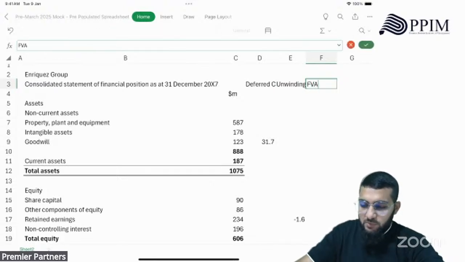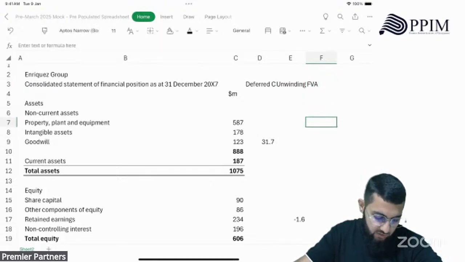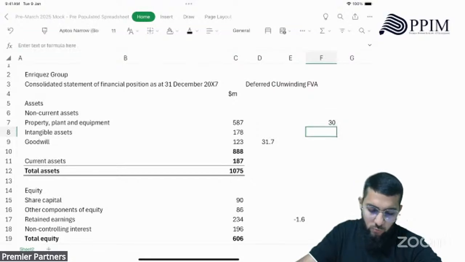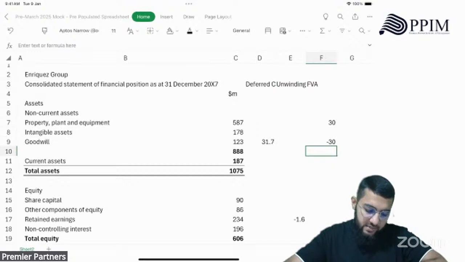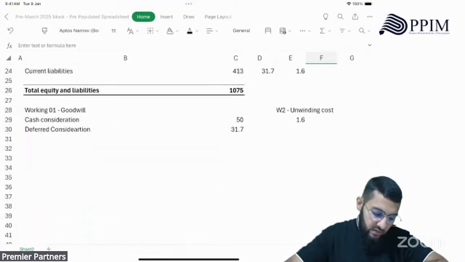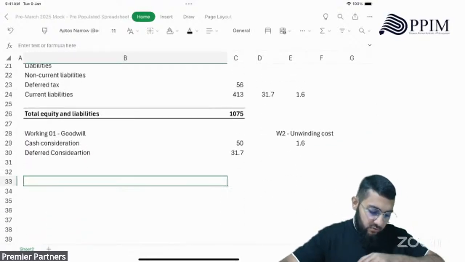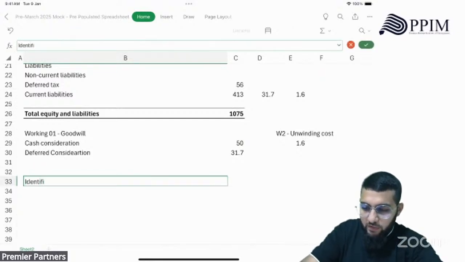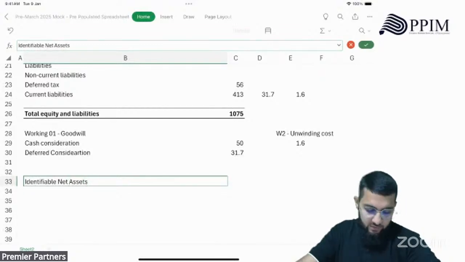Fair value adjustment: what happens? Our PPE increases by 30 million, and our goodwill will reduce by 30 million. Why? Because net assets will be reduced when calculating goodwill. So, identifiable net assets, we'll quickly make a point of them so we can do all the workings at once.